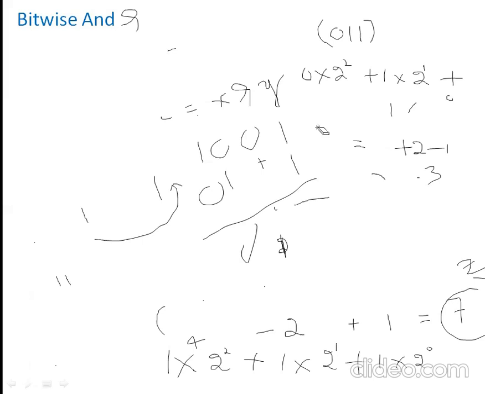Suppose write down x equal to 5, y equal to 3, z equal to x bitwise OR y.